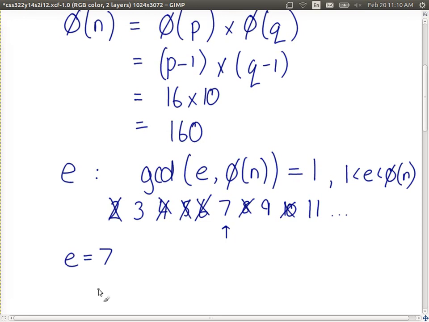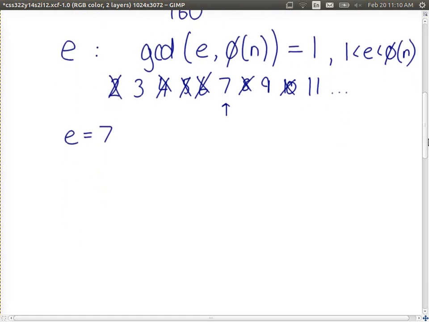Now, choose another number, or find another number, D, such that E and D are relatively prime in mod the totient of n.